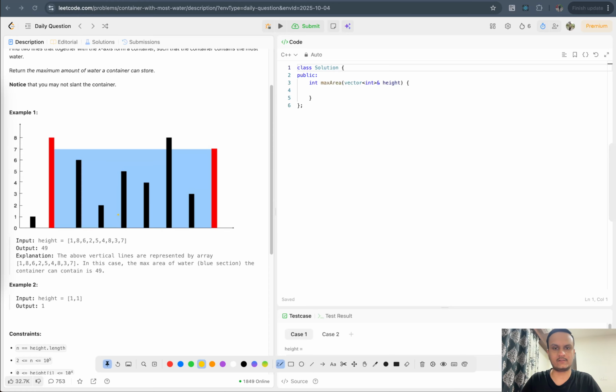Let me illustrate with a diagram. So from this example number 1, you can see that we have been given some heights. You can understand these heights as something like pole heights. We have some poles here. So the 1 height pole, then 8 height pole, then 6 height pole, some poles are there, 7 height pole. So at each location i, we have that much of wall. Okay, this is a wall basically.